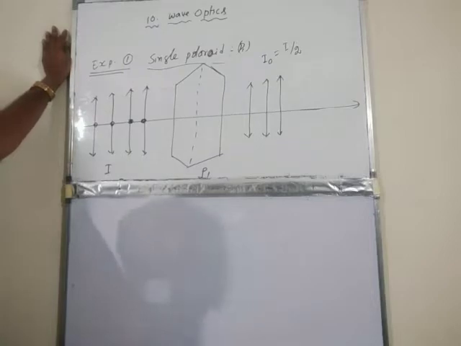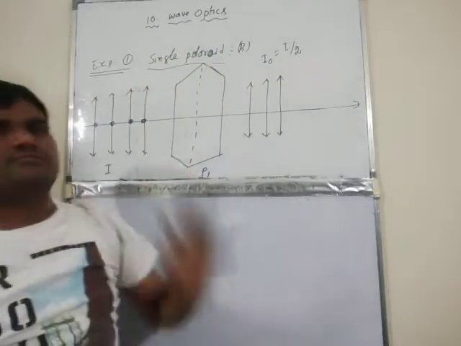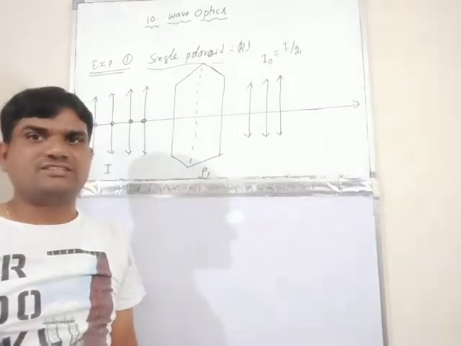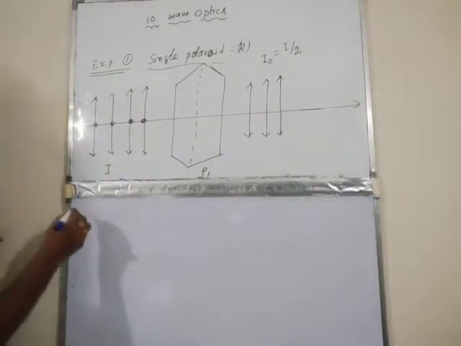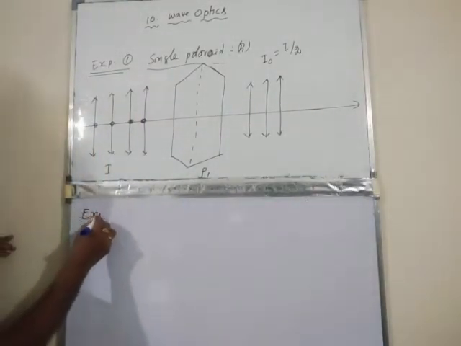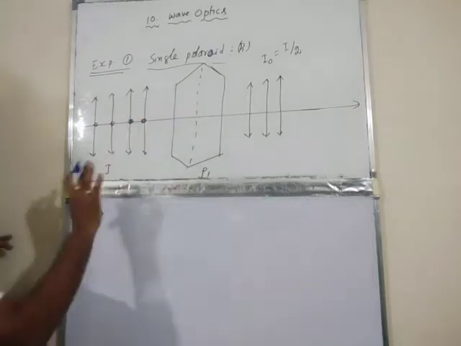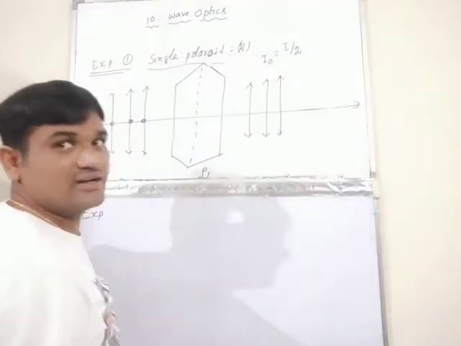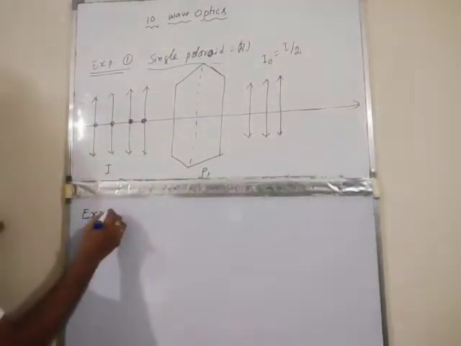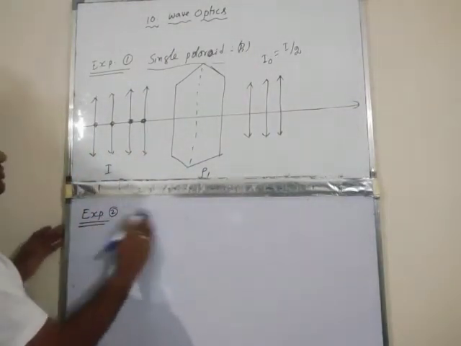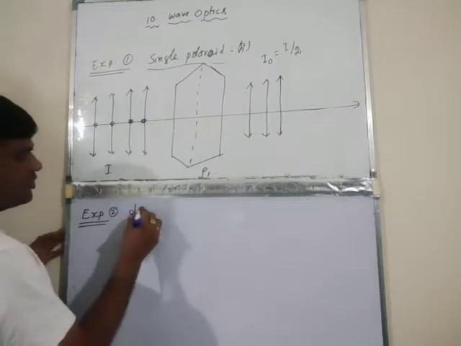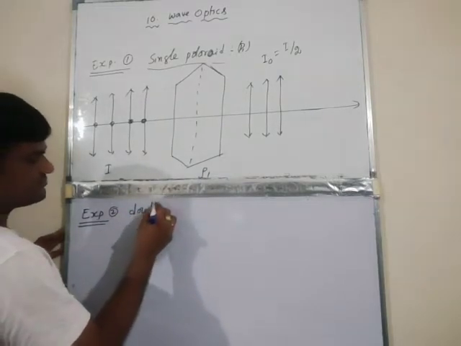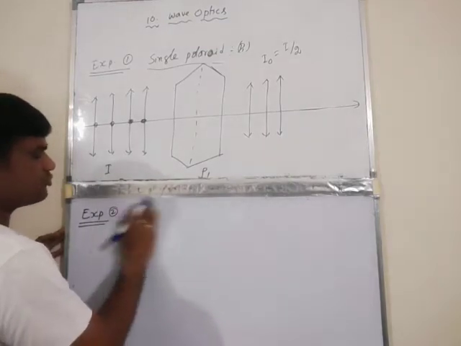So this is the single polarizer. Remember, the intensity is decreased to half of the intensity. Now experiment 2, double polarizers, that means two Polaroids.